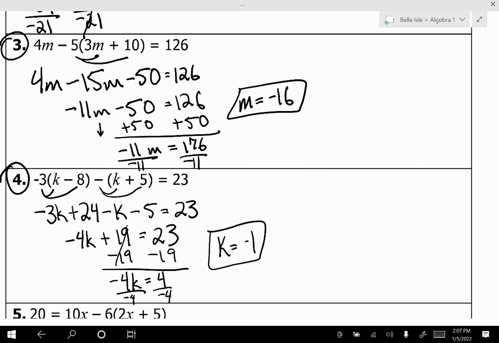I will leave 4 up here for 30 more seconds. 40 more seconds.